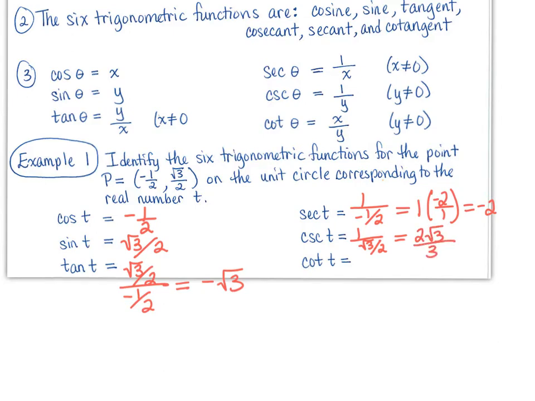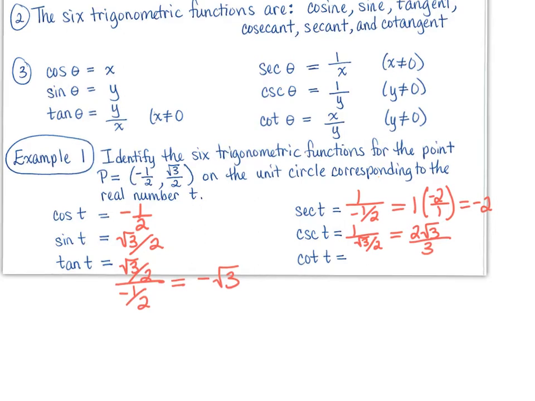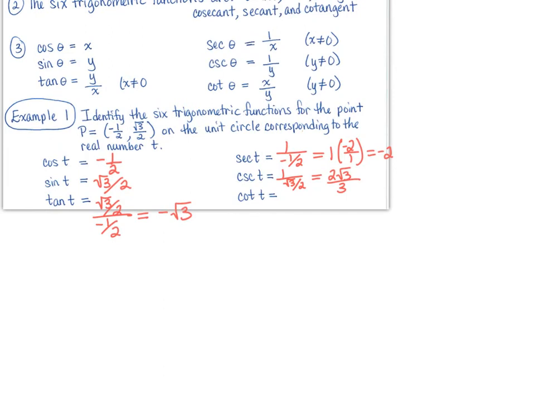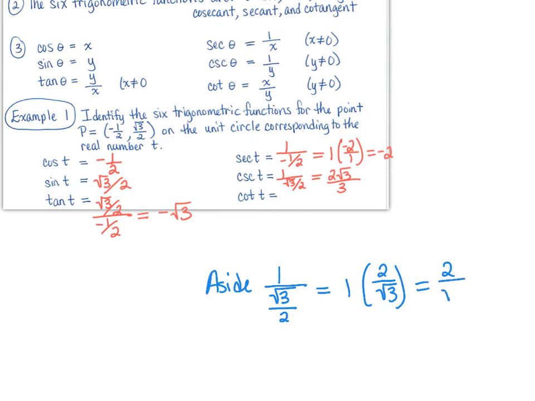Does anyone not see how to get that? Okay, so to get that, you have to rationalize. So, an aside, 1 over the square root of 3 over 2. This is algebra, so you have to remember your algebra techniques. This is the same thing as 1 times 2 divided by the square root of 3, which is equal to 2 over the square root of 3.